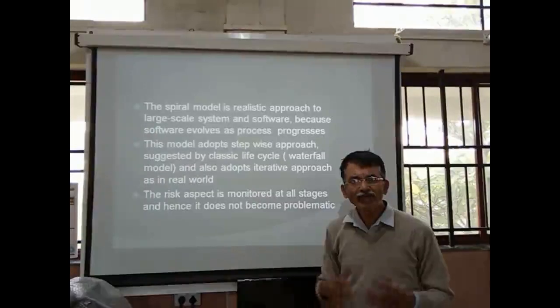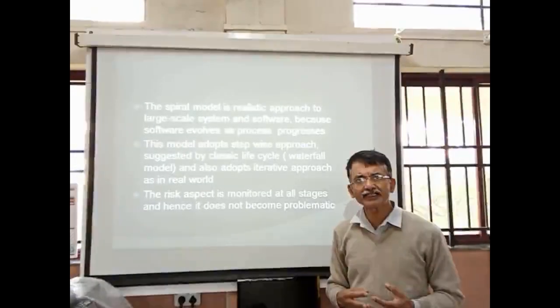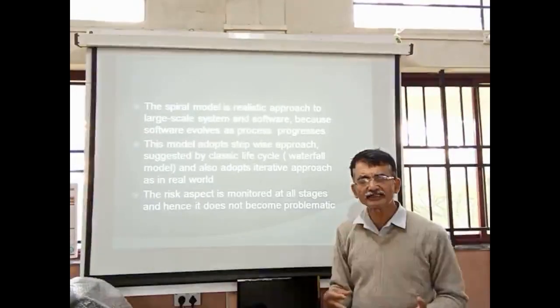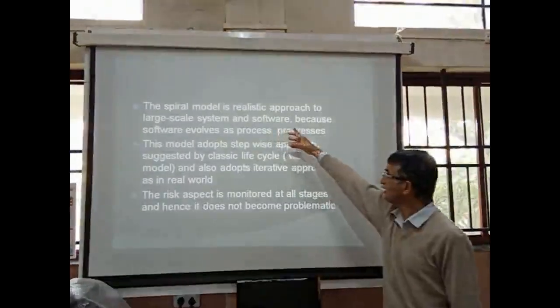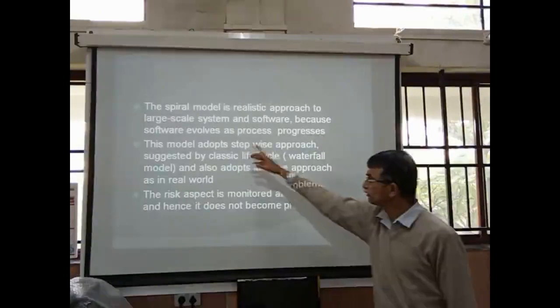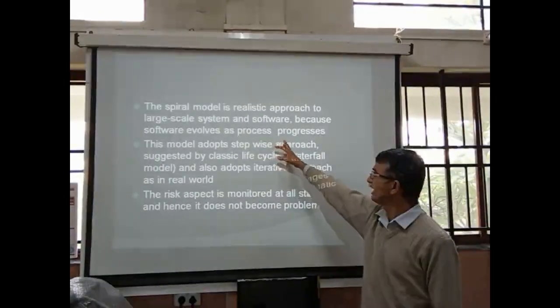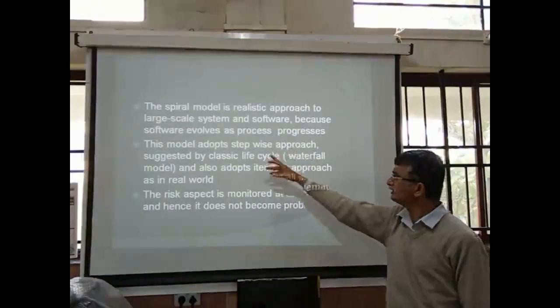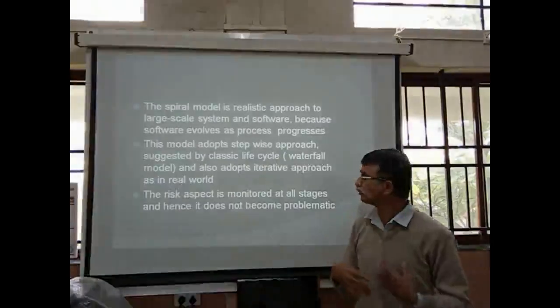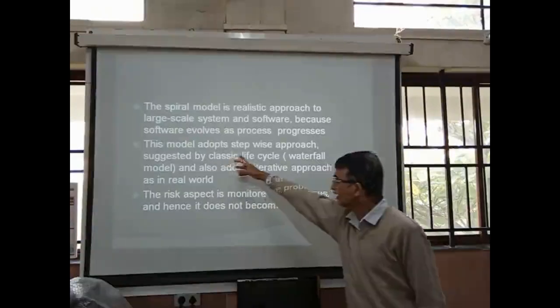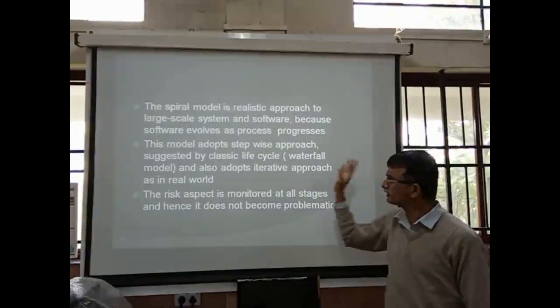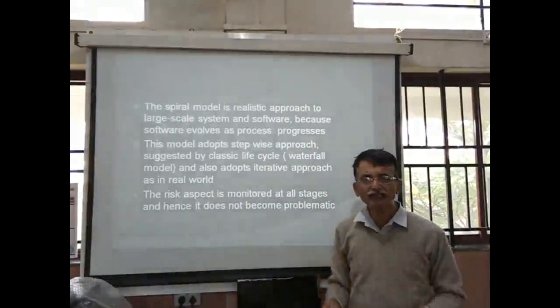As you know, the spiral model is realistic in nature because as time passes, every system improves. So, the spiral model is a realistic approach to large scale systems and software because software evolves as the process progresses. Okay. Next, this model adopts the stepwise approach suggested by the classic life cycle.